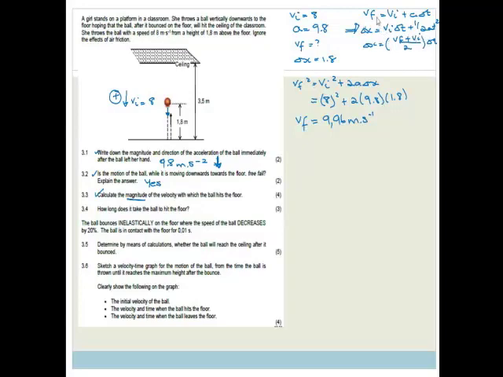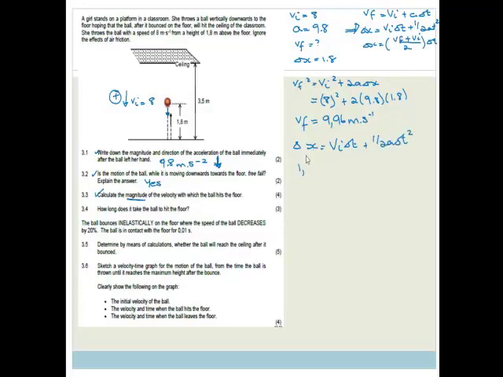Simply because if I've made a mistake and got vf wrong, then I'm going to lose marks here. Carryover marks only work if there's no other way to do this question. And you can do this question without using a calculation that you've already done. So that's why you wouldn't get carryover marks if you got this wrong. So delta x is equal to vi delta t plus a half a delta t squared.